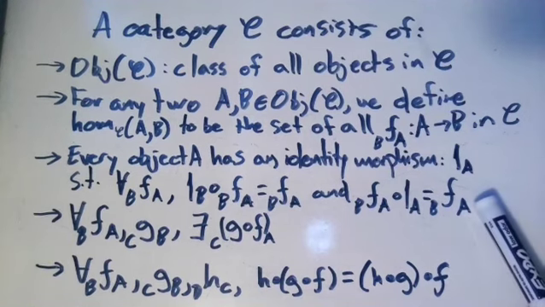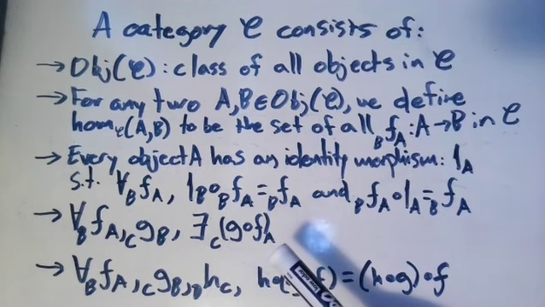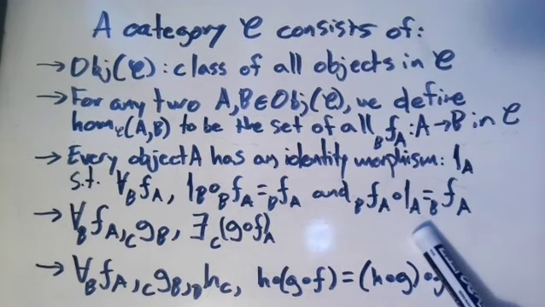Next, every object A in C must have an identity morphism, 1A, associated with it. That is, for all morphisms from A to B, 1B composed with that morphism gives you the morphism back, and 1A composed with that morphism gives you the morphism back, on the left and right side respectively.